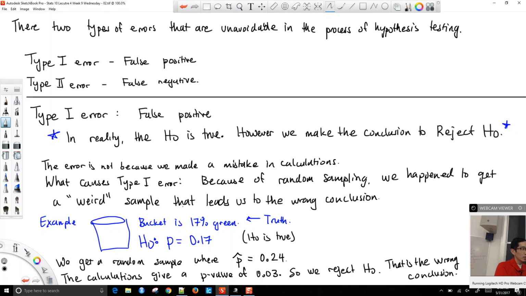It means your conclusion is to reject the null hypothesis, but the truth of the matter is that the null hypothesis is true, so you're not supposed to reject it. But because of random sampling, maybe we make the wrong conclusion, and that's a risk that we just run. So that's the false positive. Did you guys get that all down?